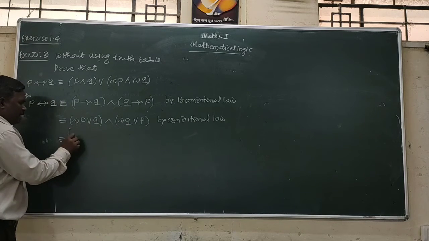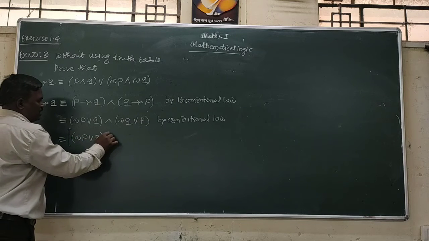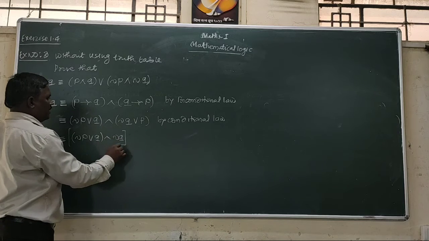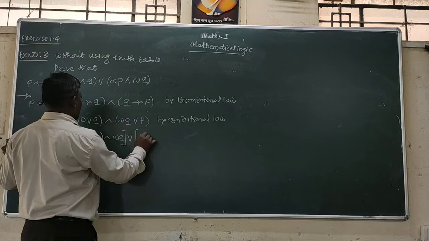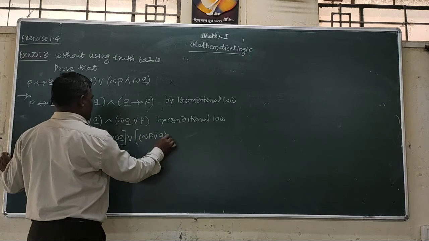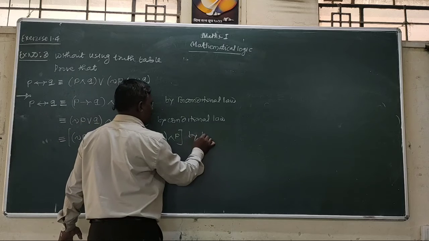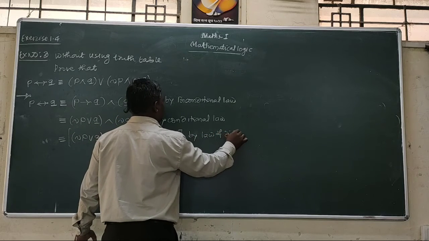Therefore, in bracket negation of the P disjunction Q conjunction negation of the Q, bracket complete, disjunction in another bracket negation of P disjunction Q conjunction, here by law of distributive.